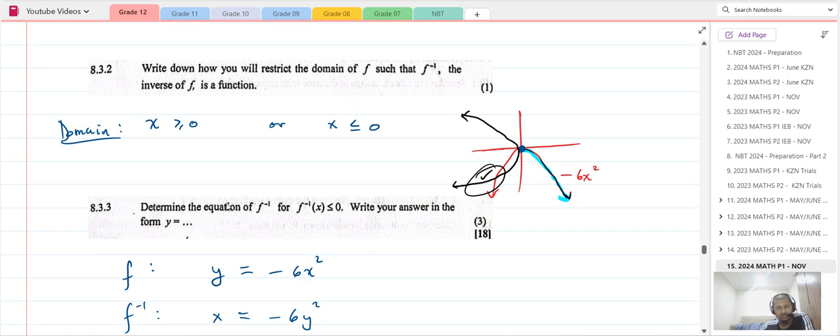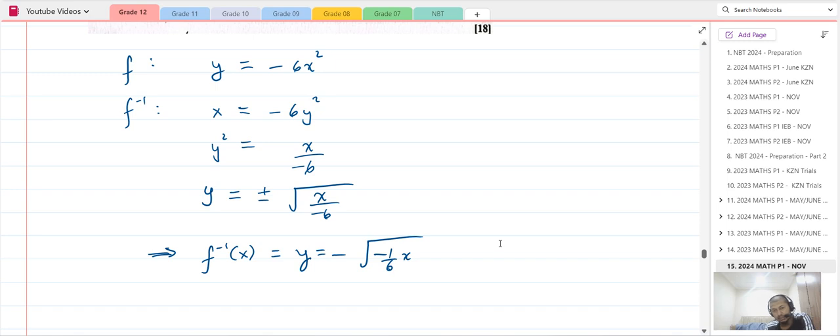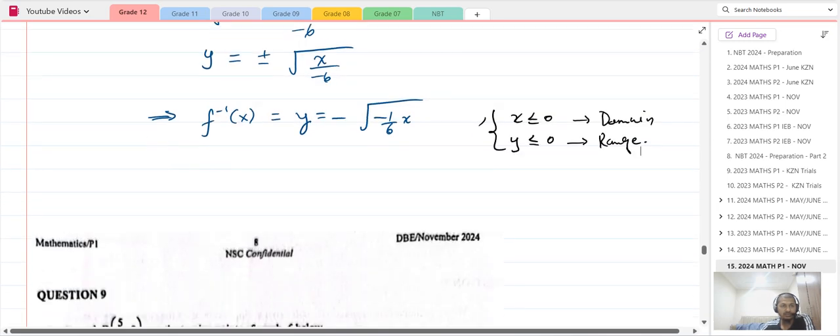Write your answers in the form y equals. Remember, x has to be less than or equal to 0 and y is also less than or equal to 0. So these are the domain and range. They didn't ask for domain and range. Okay, we can give it. Always write extra rather than less.